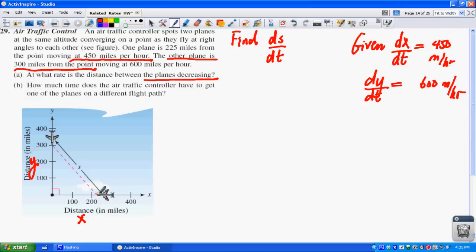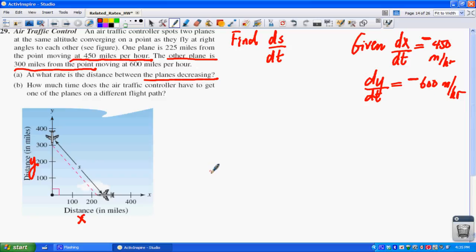X, the plane is going in, so X is decreasing, so therefore its rate of change is also negative. So we have to put in negative for that one. And also y is decreasing, so therefore its rate of change is also negative. So we have to put a negative there. That makes the world of difference when we plug that into our related rates equation, so you needed those two negatives right there.